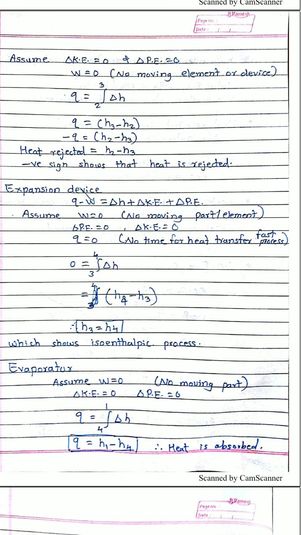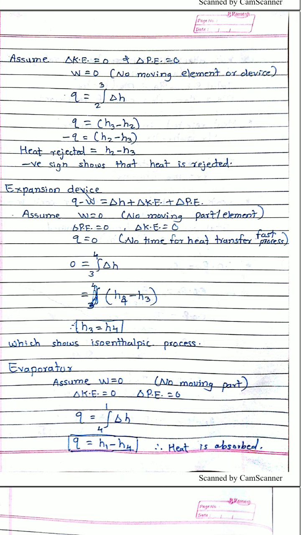If you have the enthalpy of the system, you can calculate the work done and heat transfer during each process. For the compressor, W is equal to H2 minus H1, and in that process work is consumed. For the condenser, Q is equal to H2 minus H3, and during that process heat is rejected.